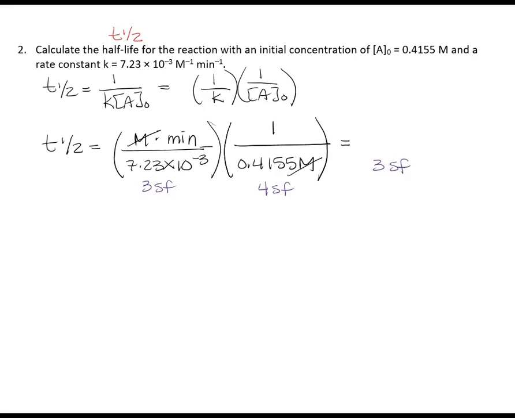So we have 1 divided by parentheses 7.23 times 10 to the negative 3 times 0.4155 close parentheses equals, and we get 333 minutes. In the next example, we'll start by defining our terms, and then we'll rearrange the integrated form of the rate law as we need to.